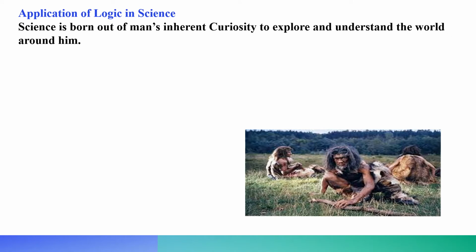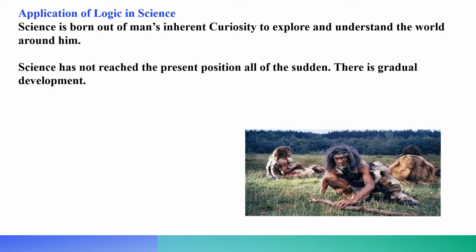Science is born out of man's inherent curiosity to explore and understand the world around him. Science has not reached the present position all of a sudden. There is gradual development. The primitive man observed many things around him, that is, movement of trees and water. He believed that moving is living.